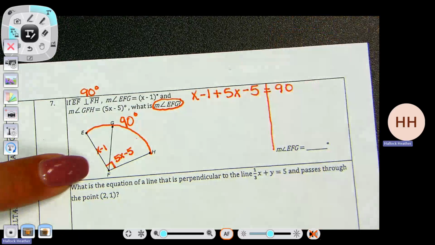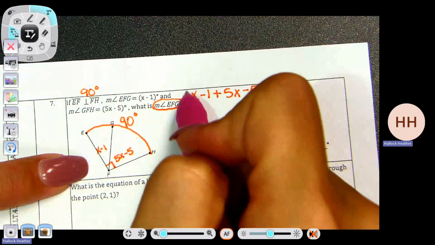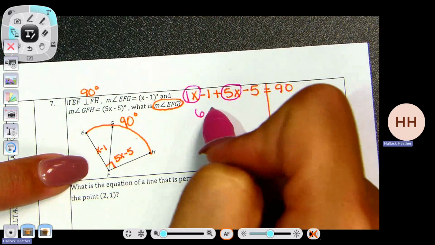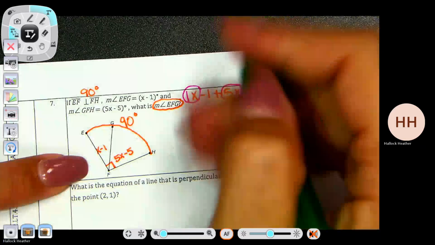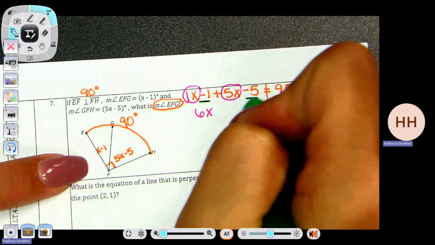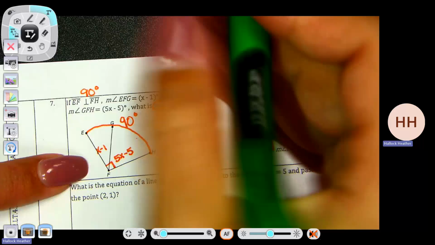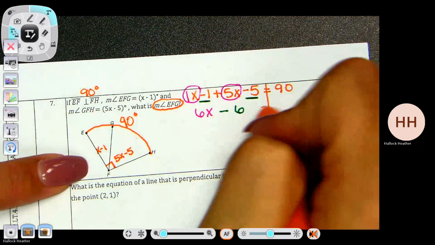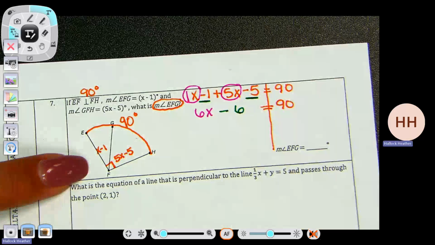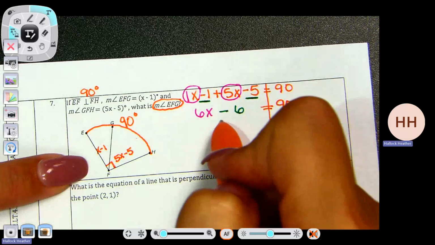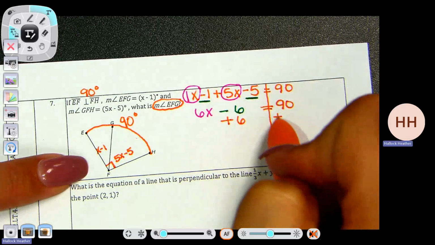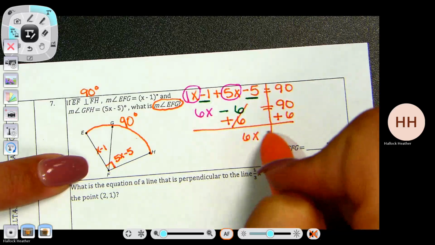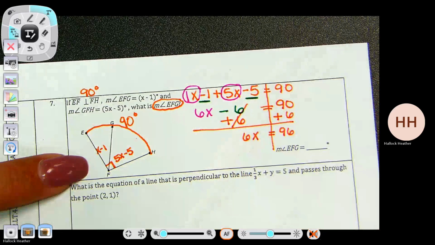If I combine my terms, 1x and 5x makes 6x. -1 and -5 make -6 when they come together. I'm going to add 6 to both sides because the opposite of negative is positive. And then I divide.